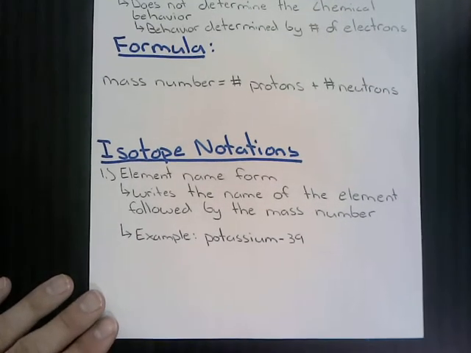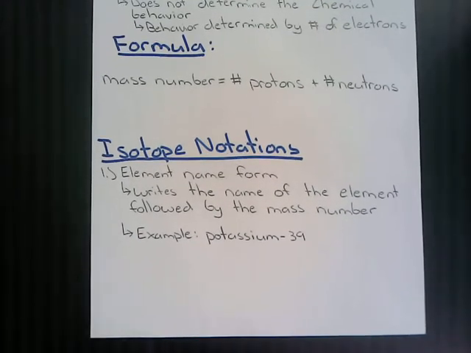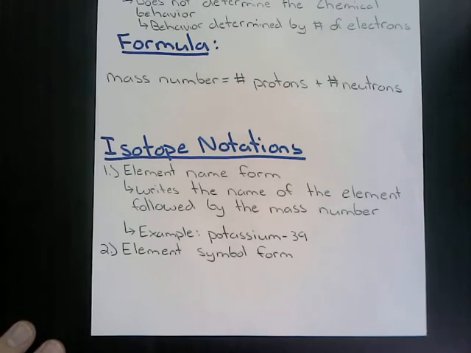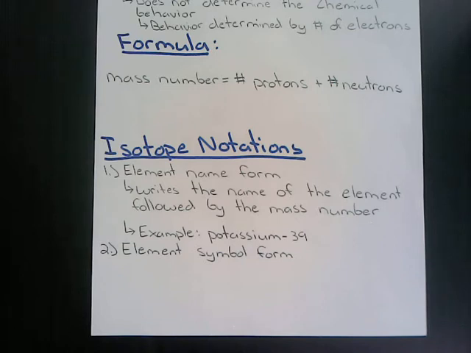The other way that we can write this is the element symbol form. In this notation, we write the element symbol with the mass number on the top left and the atomic number on the bottom left of the symbol.